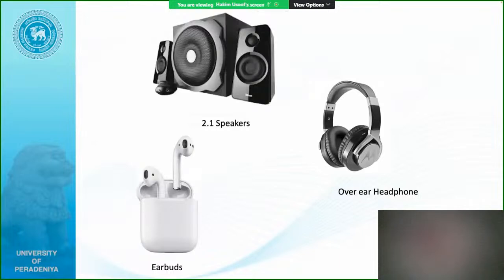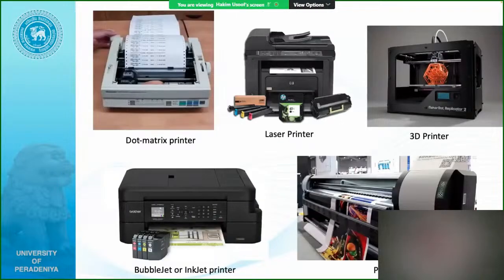If they have a wire, you call them wired. If you don't have wires, you call them wireless. So they're for audio. Now, audio, you can't touch audio, can you? No, you hear it. Can you touch what you see? No, you can't. But if you really want to touch something, you have to print it out.